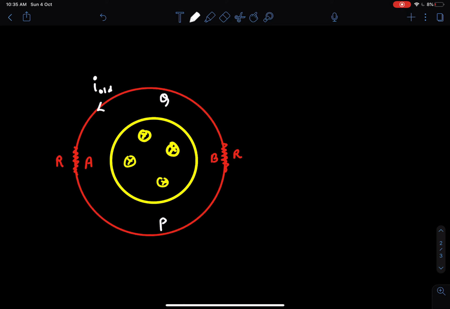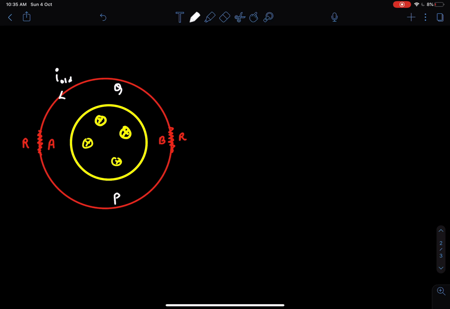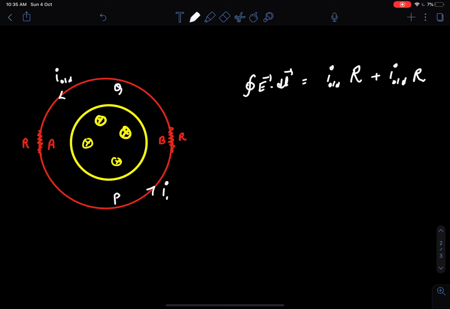And if you do the circulation along this red wire in anti-clockwise direction, you will get that the integral of E dot dl, the circulation, is equal to I old into the resistance of A plus I old into the resistance of B, because before shorting with the blue wire there was the same current I old in both A as well as B bulb, and so this was 2 I old into R, which is equal to minus d phi by dt.